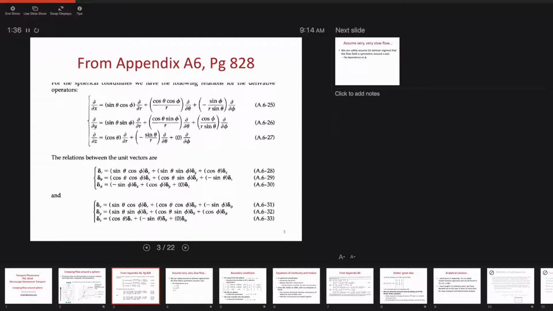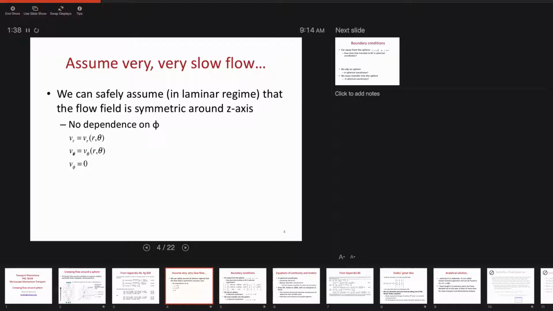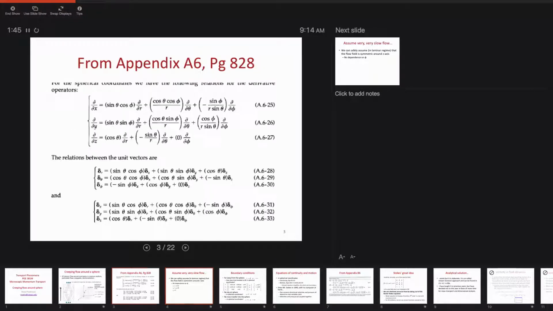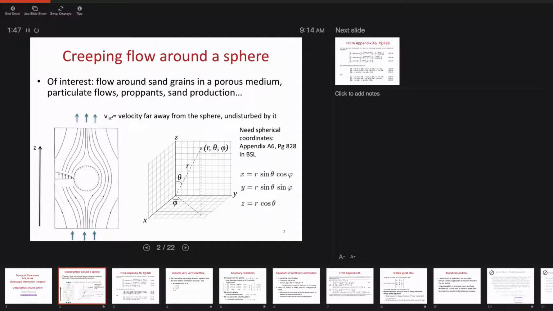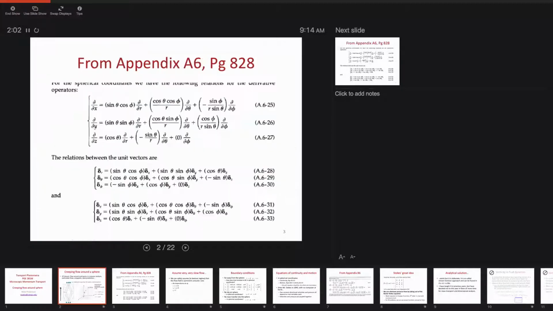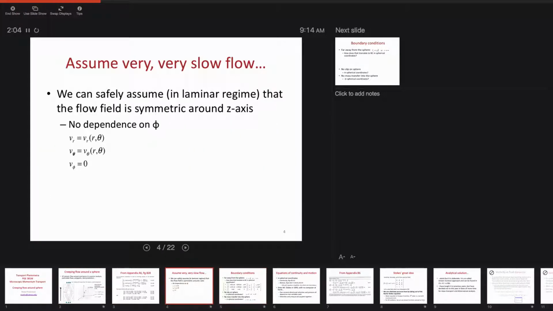So if we introduce the spherical coordinate system, I can slice it in the phi direction. However I slice it for any phi around the sphere, I'm good. I see the same thing for the flow that is well developed. But I cannot get away with doing the same in theta, so I do have dependence on both r and theta.